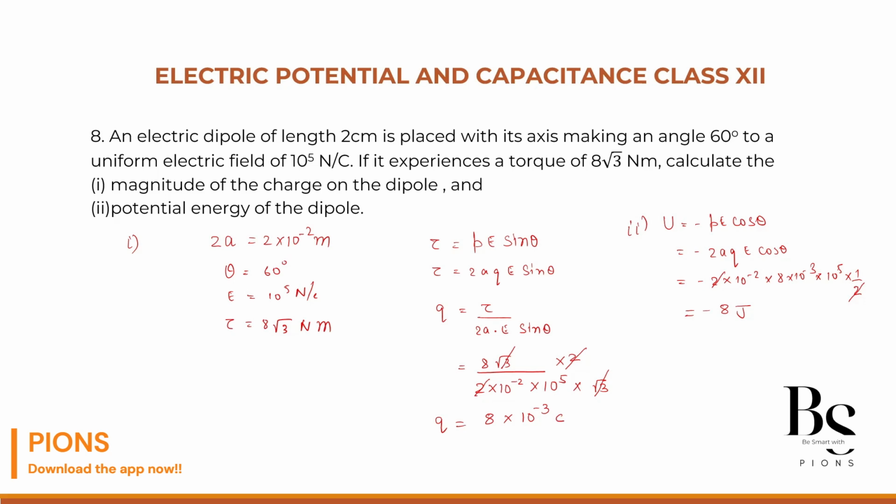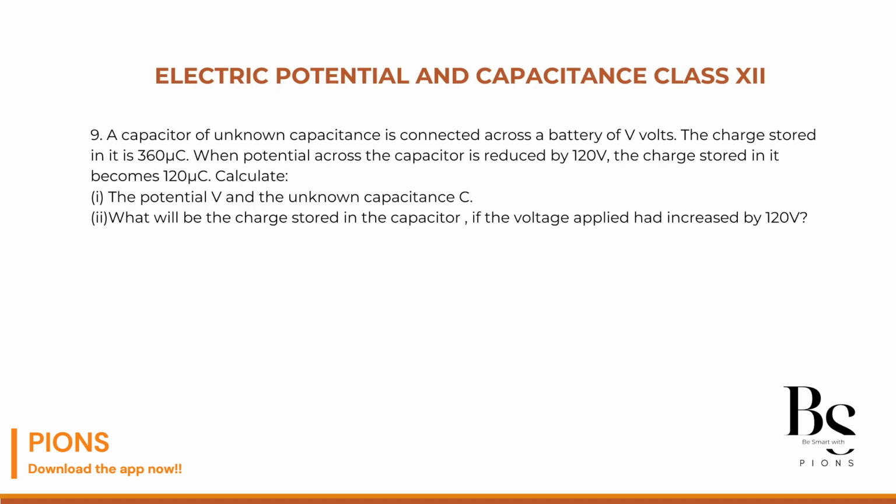Great. Let's move to question number 9. A capacitor of unknown capacitance is connected across a battery of V volt. Let's draw a rough diagram. A capacitor C, let's call it. We don't know what's the value of C. And it is connected to a battery of voltage V. Great.